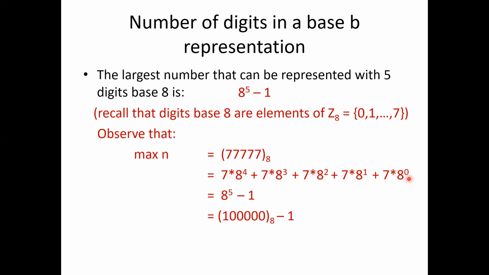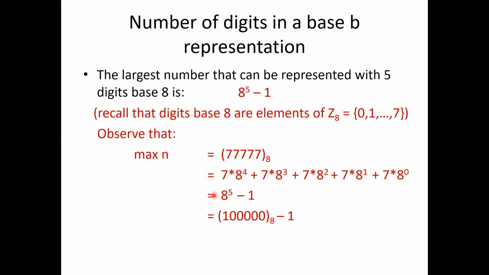Now, if you remember, this is a summation of a geometric sequence: 8 to the 0 times 8 times 8 times 8 times 8. If you sum a geometric sequence, remember the general formula? You have the factor to the next power minus 1, divided by the factor minus 1. Why am I not dividing? Because I actually have a 7 in front here, so that 7 is going to cancel the other 7 in the general formula, and I end up with this.